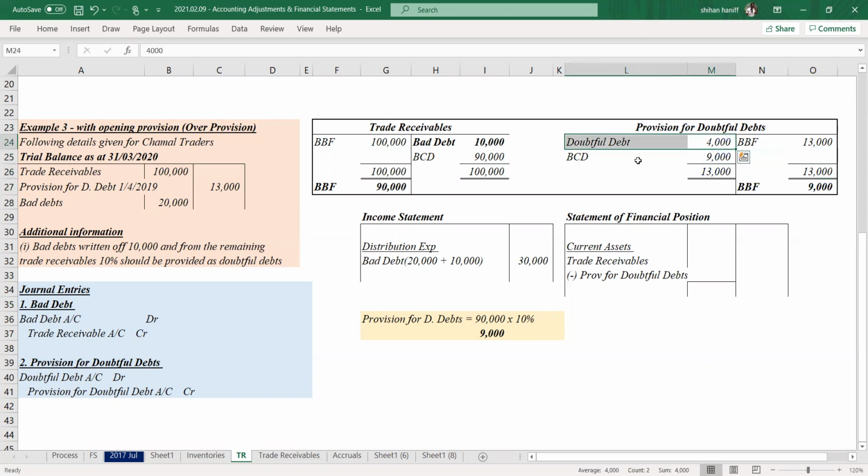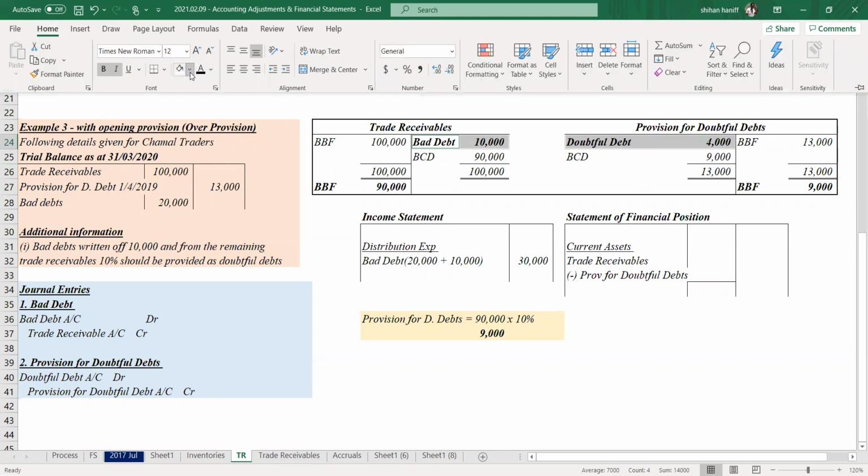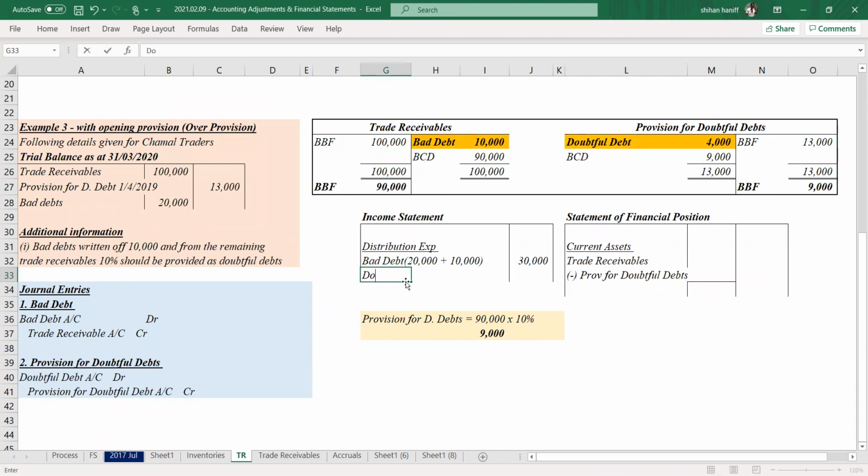So here what we have done is, when doubtful debt normally is an expense, here it is minus expense. This is over provision. Within that we can mention this is over provision.